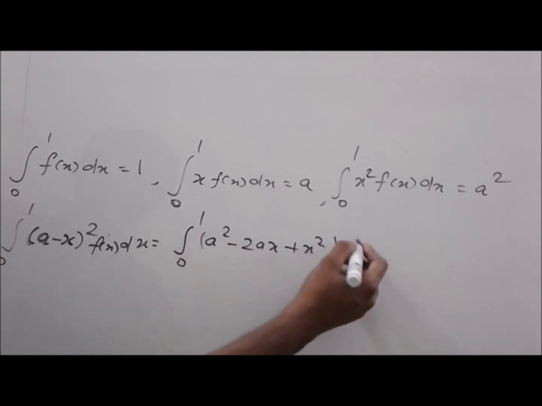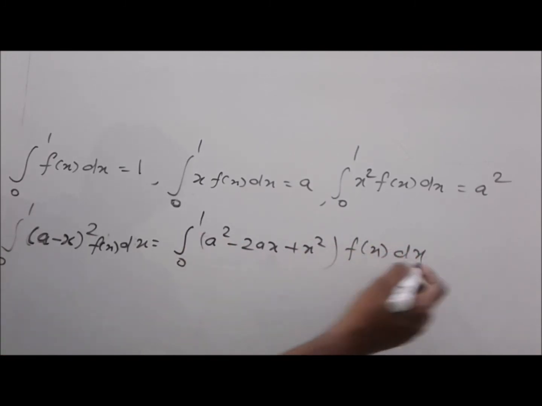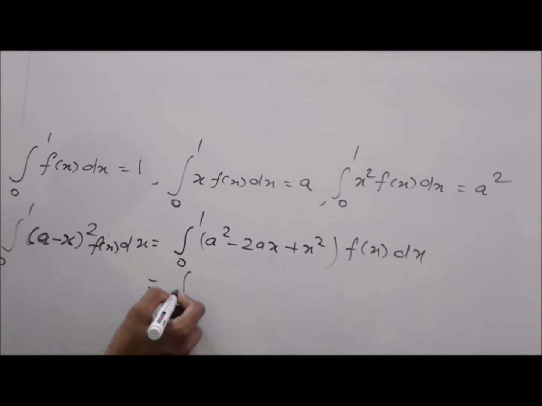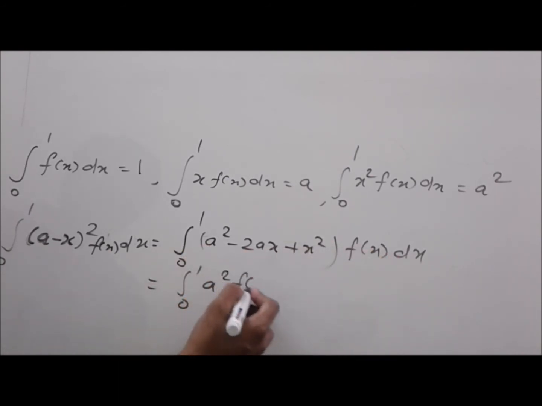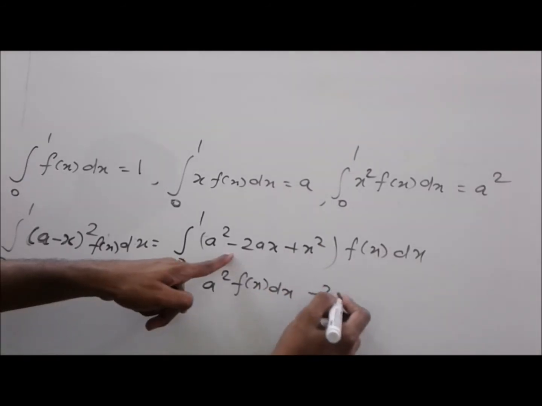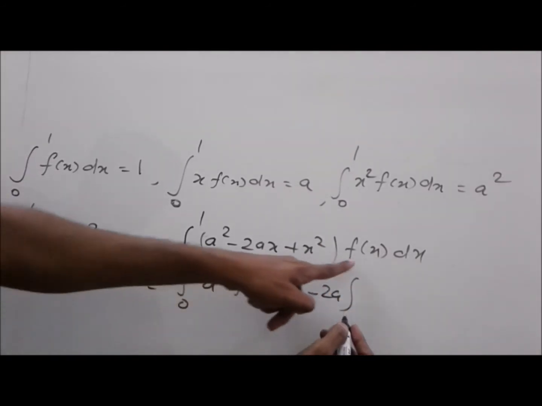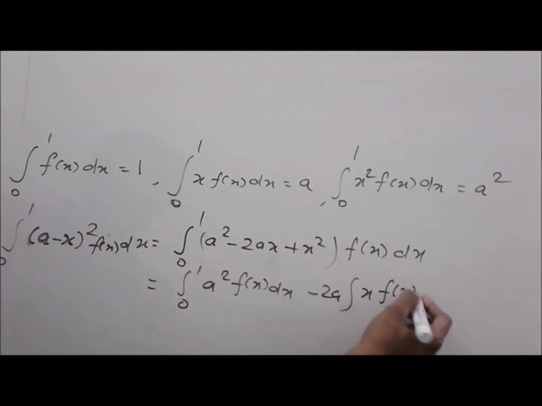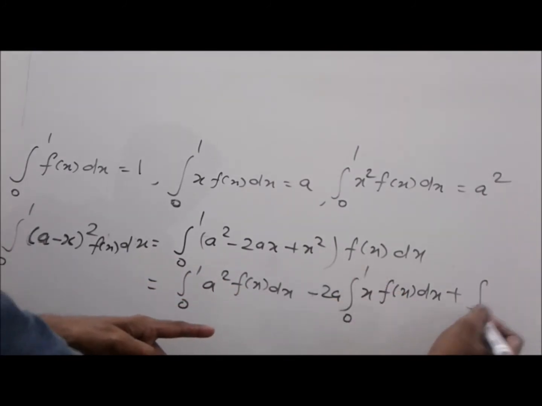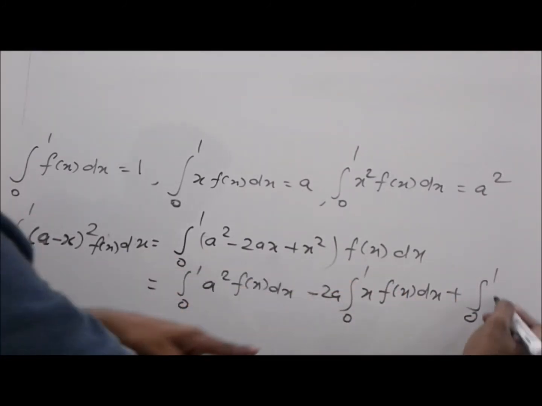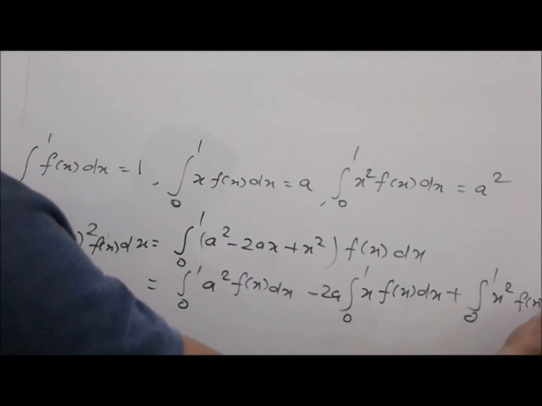Separating this, integral 0 to 1 a square f of x dx, here minus 2a into integral x f of x dx, plus integral 0 to 1 x square f of x dx.